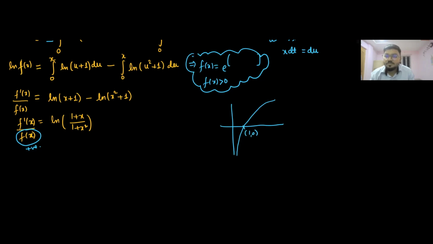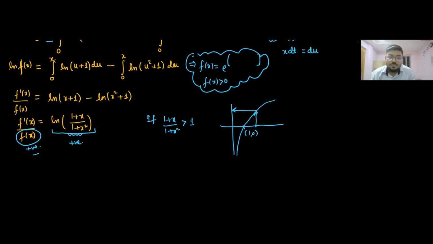This is the point (1, 0). Anything you put greater than 1 gives a positive value, and anything less than 1 gives a negative value. So if I assume that (1 plus x) divided by (1 plus x square) is greater than 1, then ln of that thing will definitely be positive. So then this entire thing will be positive.